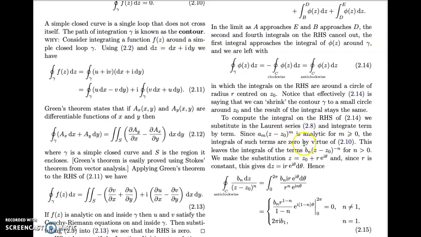So that just leaves the singular terms, the b_n divided by (z minus z naught) to the n. So we look at each of those separately, and in the general case we've got b_n over (z minus z naught) to the n. We then make our substitution, z equals z naught plus r e to the i theta, and change variable.